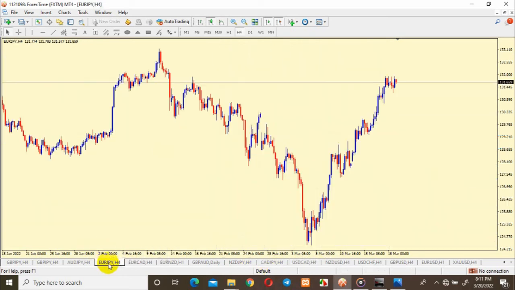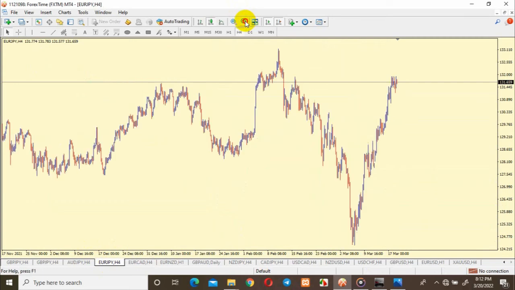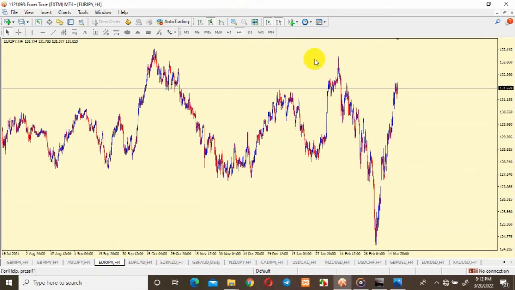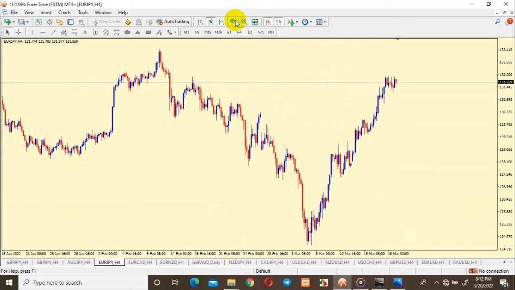Okay, Euro JPY, very interesting. The price has been down. Now price has bounced. So having bounced, what are we expecting next week? I'm expecting a drop, but let's see if that drop is okay.